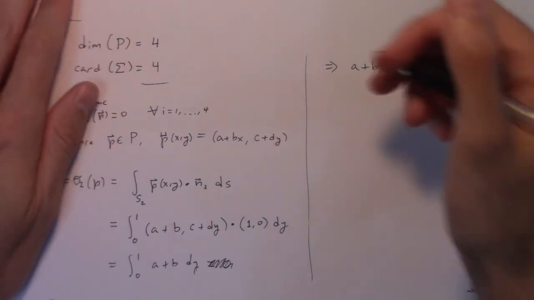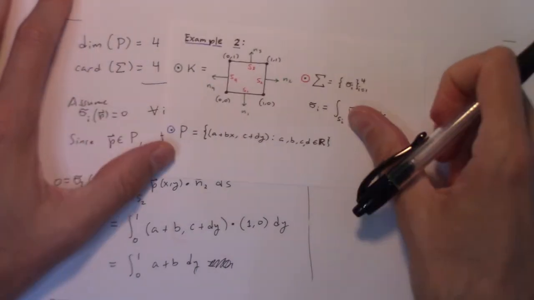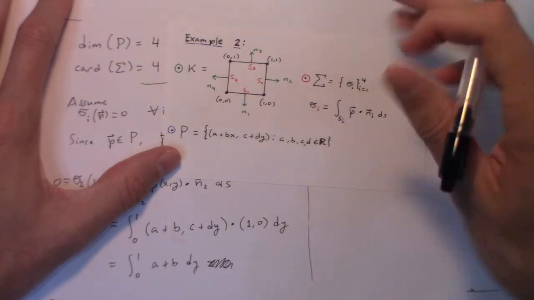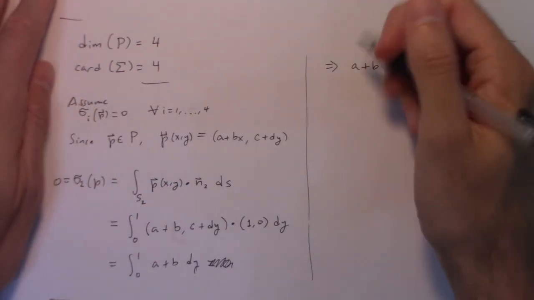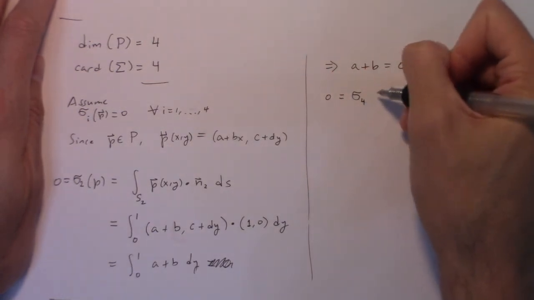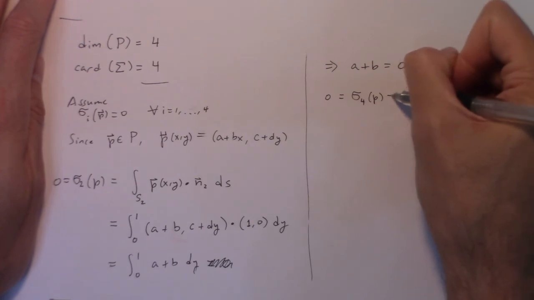Let's check maybe one more. We'll do side 4. So 0 equals sigma 4 of p.